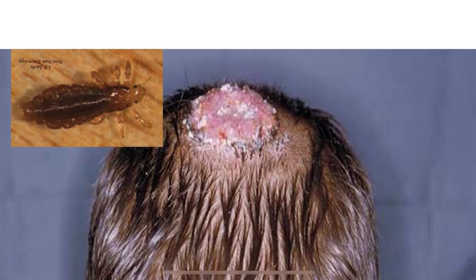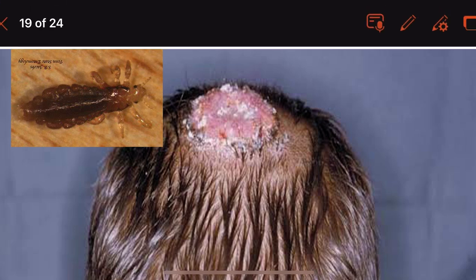The pus after a time will later become ichorous, then offensive, and it starts breeding the vermin. I have put a picture of vermin here. Now let me just draw what happens. First, there will be crust formation. Followed by the crust, there will be white pus collecting.